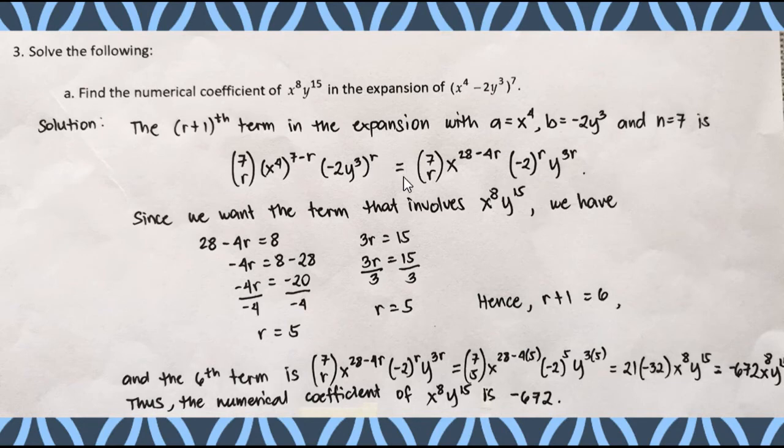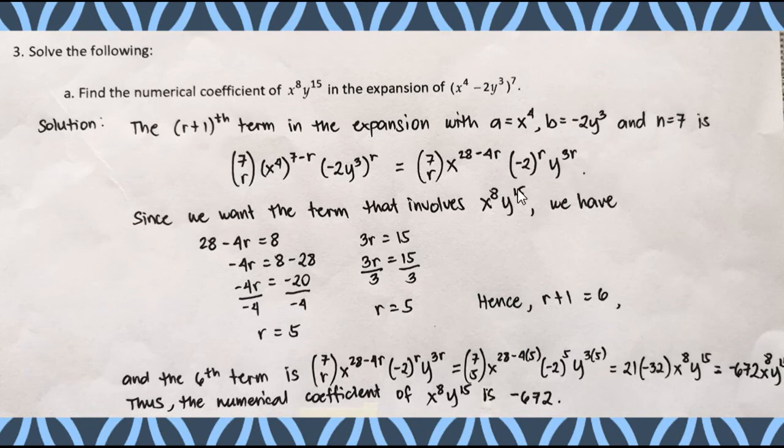Okay, which is equal to 7 taken r at a time, x to the power of 28. And 28 is 4 times 7, meaning 28, minus 4 times r, meaning negative 4r. So 28 minus 4r ang exponent sa x. Then we have negative 2 to the power of r, y to the power of 3r. Okay.